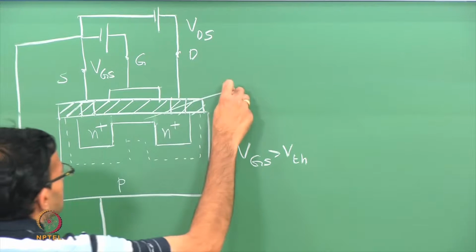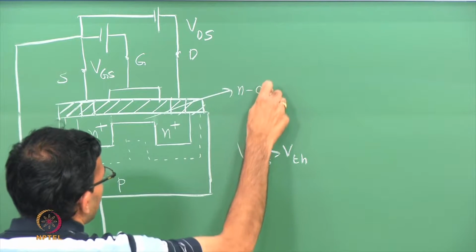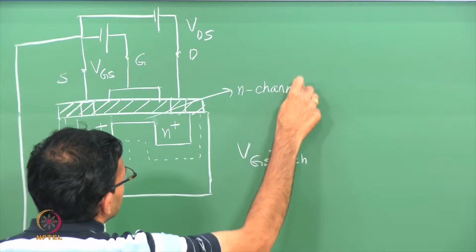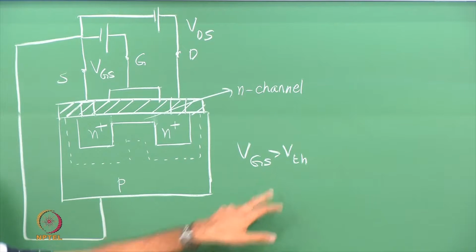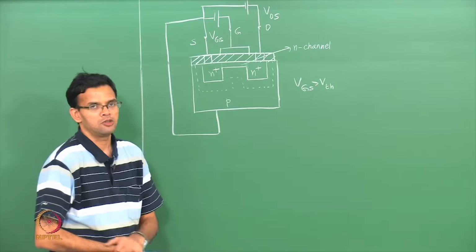This one is your N channel, and the N channel forms because my gate source voltage is above V threshold.